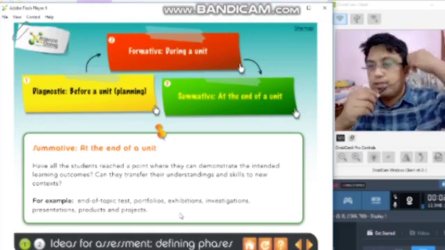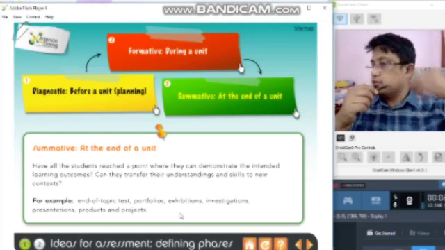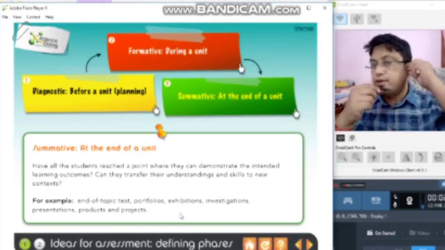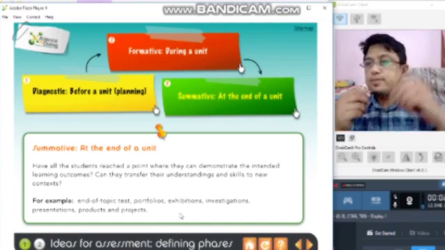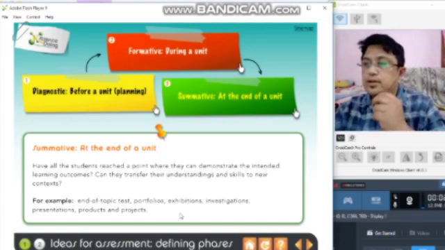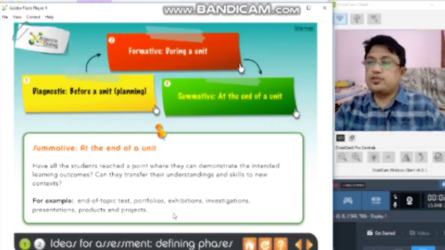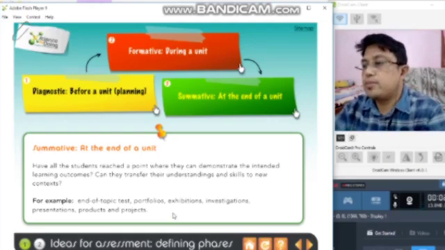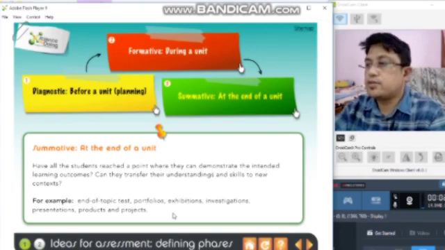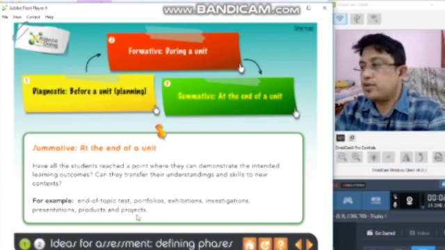With exhibition as a summative assessment part, investigation, you can give an assignment, a project-based assignment as a summative one. Presentation, yes, sometimes we do products and projects. The use of products and projects is sometimes included in exhibitions, but exhibitions are never compelled to bring a product or project like this. So a project is a different thing.